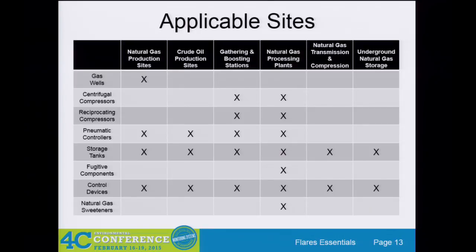I had this table on my wall for about a year because depending on which rule you were working in, it helped you keep things straight in your head. I will just give you one example. If you were working Quad O, which this table is, and you have a reciprocating compressor at a well site that's literally just lifting the gas from that production well and getting it into the sales line, that reciprocating compressor over here would not be an affected facility.